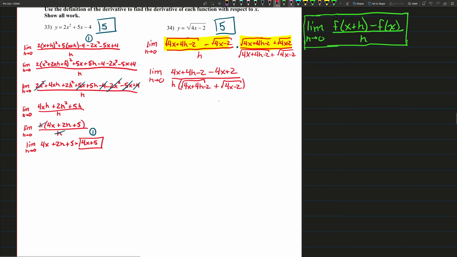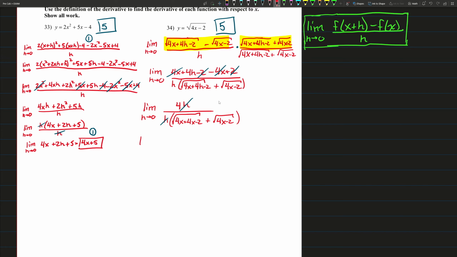So when we do this, things are going to cancel. 4x cancels negative 4x, negative 2 cancels positive 2, and we're just left with 4h on top. So now this is the limit as h approaches 0 of 4h divided by h times that factor. There's a common h.